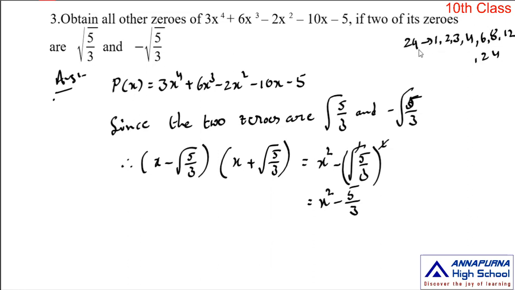Observe 2 and 3. These two are factors of 24. Their product is also a factor. 4 and 2, these two are factors of 24. So 4 into 2 is equal to 8. 8 is also a factor.